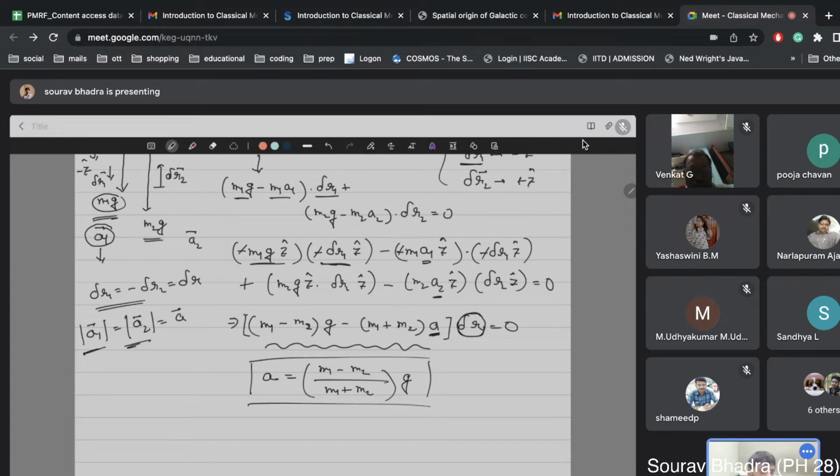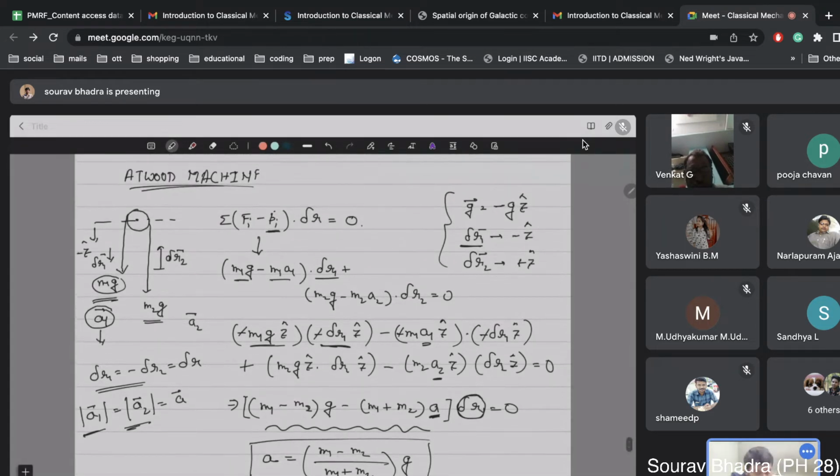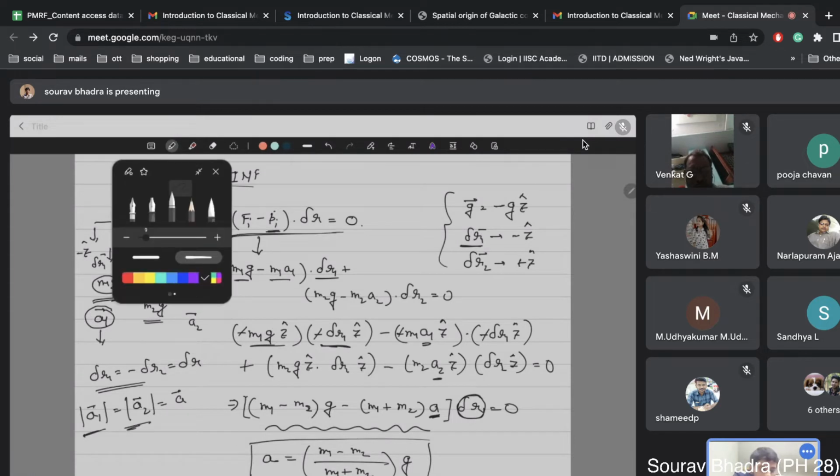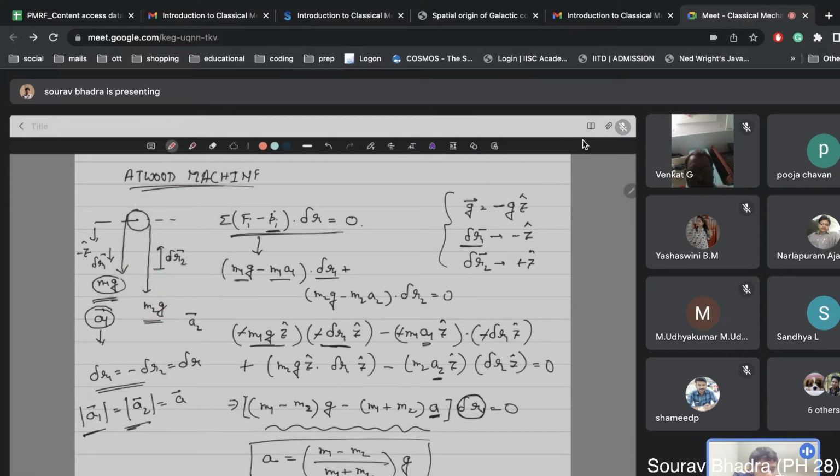Okay, so I will tell you again in detail. So this was our D'Alembert's principle. It was our system. m1g is the mass here and m2g is the mass here. So we are assuming that mass m1 is going downwards.